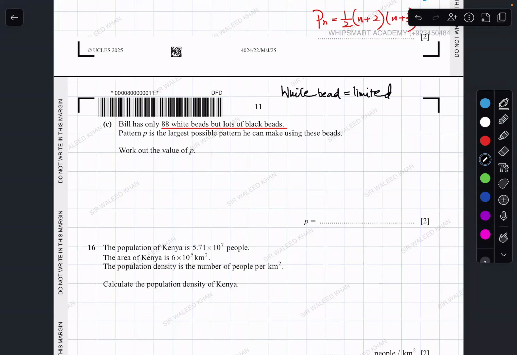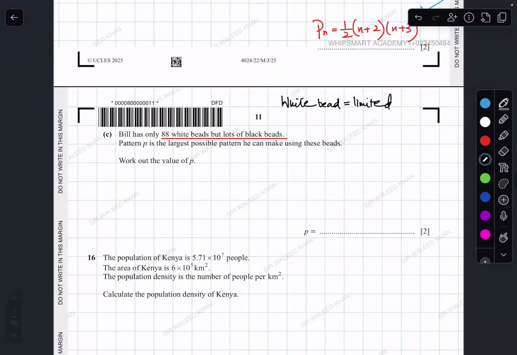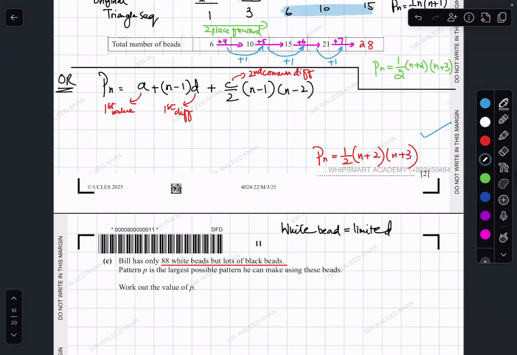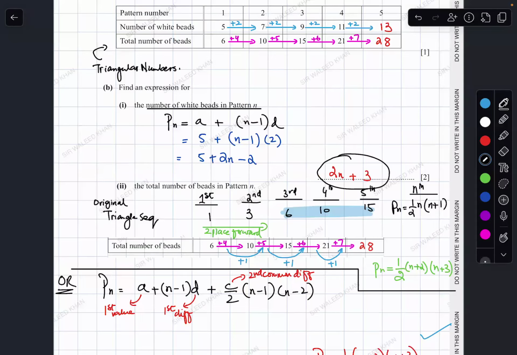We can make many more patterns from that, right? But for white beads, we can't make more patterns because they are limited over there. So I will be using the information for white beads. What is the nth term? What is the formula for white bead? The number of white beads in pattern n is 2n plus 3.